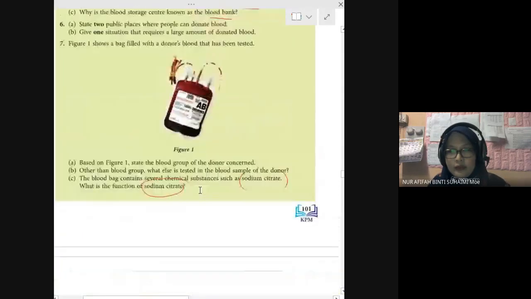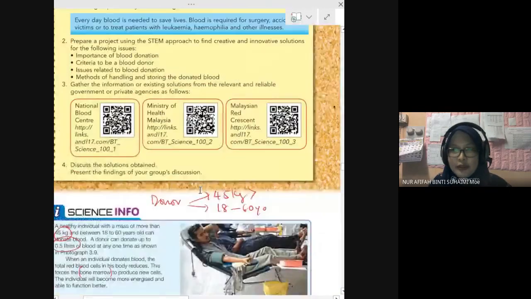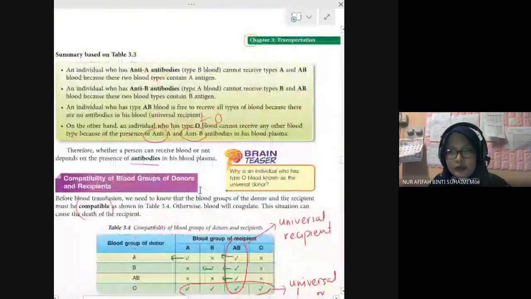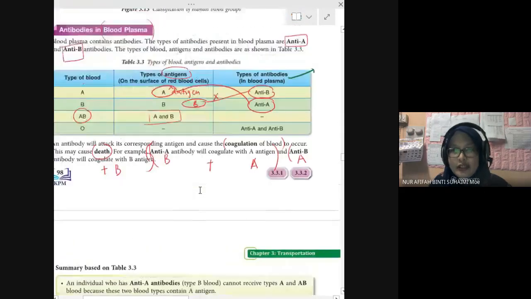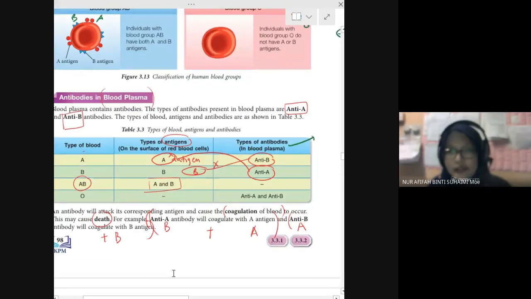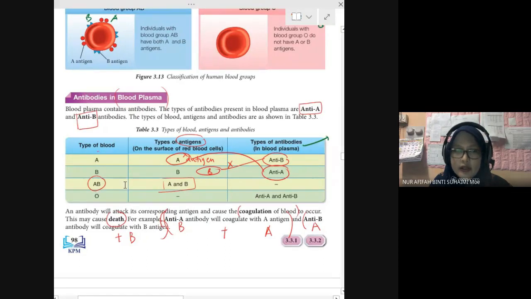Then 3.3. Okay, half an hour. Okay, any question for 3.3? Blood group, anti-A, anti-B, antigen A, antigen B. So make sure you can differentiate between these 4 of the blood group.